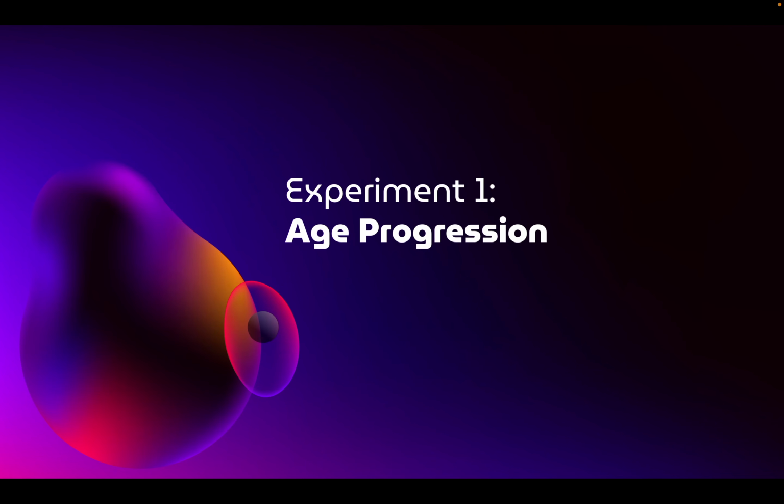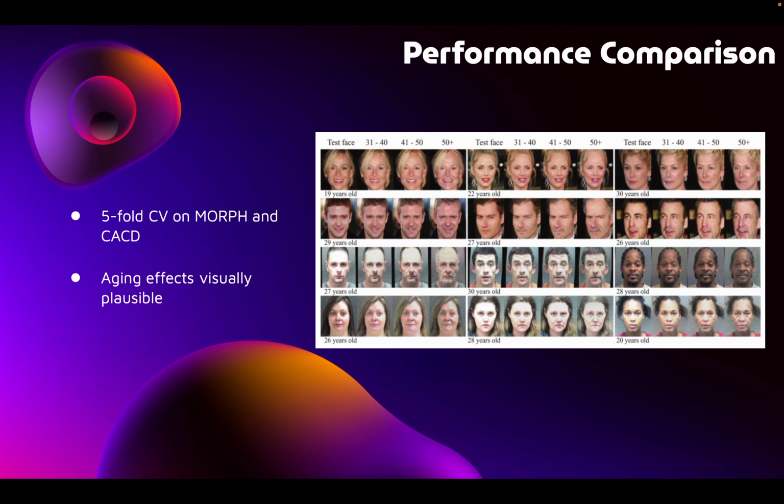There were 2 experiments, and the first one was conducted to test age progression. In the first experiment, the researchers used 5-fold cross-validation on CACD and MORPH. Aging effects turned out to be visually plausible, including variations in race, gender, pose, makeup, and expression, which we can pretty much see from the image on this slide.